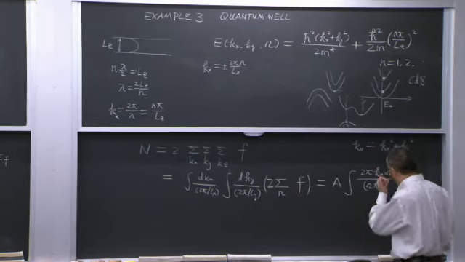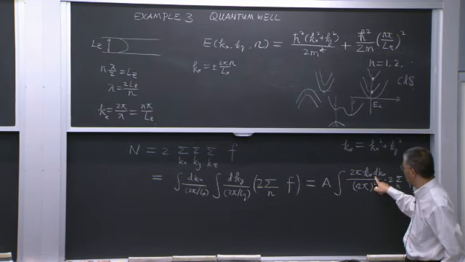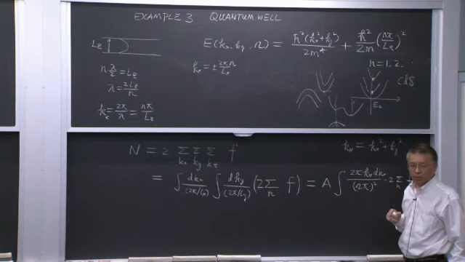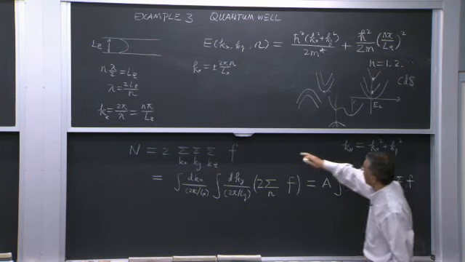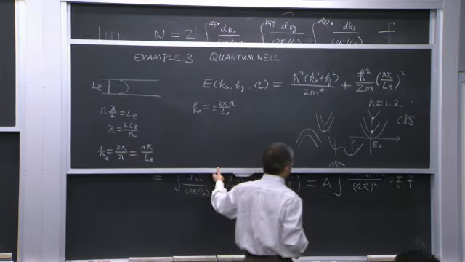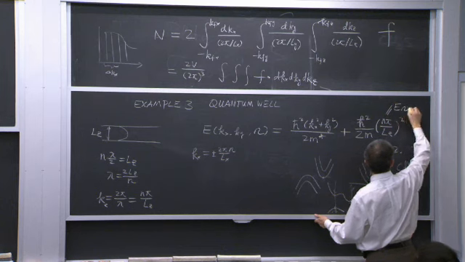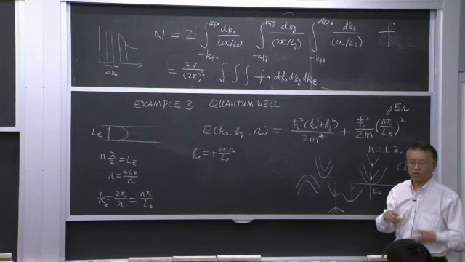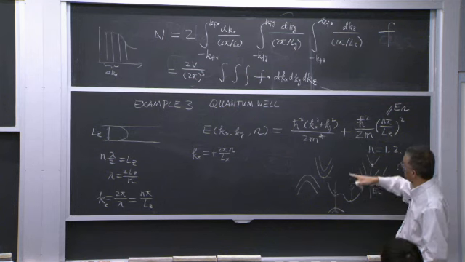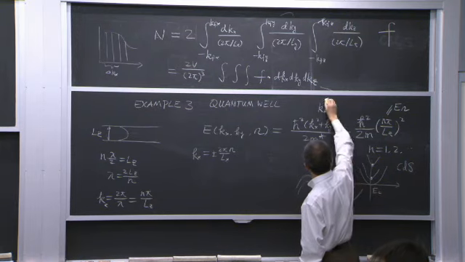And what I can do, if my f is the energy, is write my k parallel also in terms of energy. So now go back to the dispersion. Let me make a notation: this is my En, the sublevels quantized in the z direction, and this is my k parallel squared.